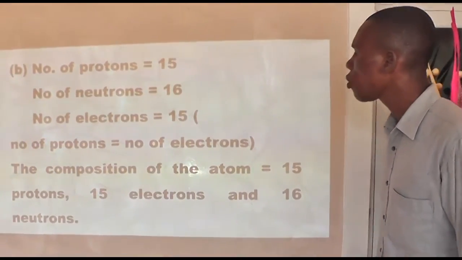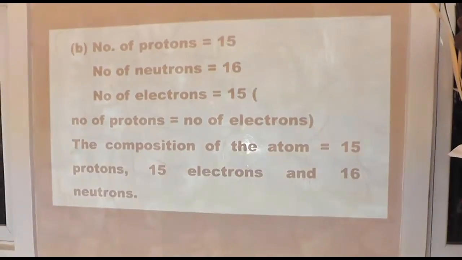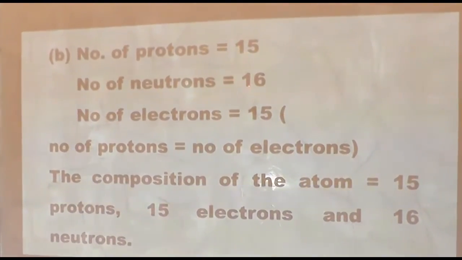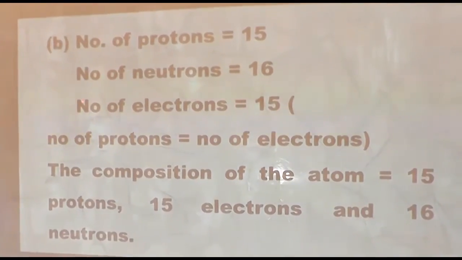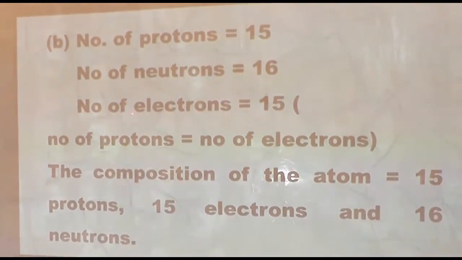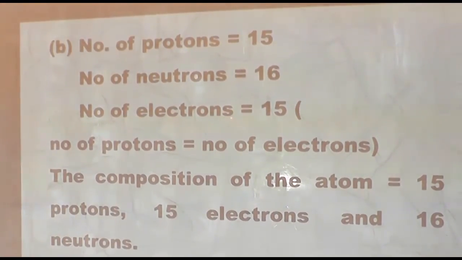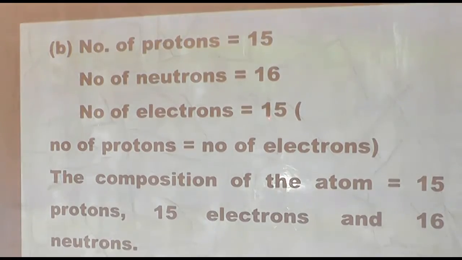Having seen that the number of protons is 15, the number of electrons is also 15, but we need to understand that the number of protons must be equal to number of electrons for an atom to be electrically neutral. Therefore, number of electrons is equal to 15, which is the same as the number of protons. Number of protons is equal to number of electrons, that we know.